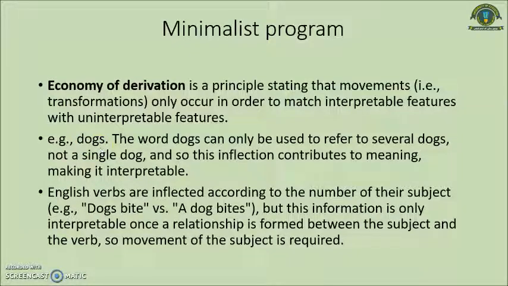So the entire structure is minimized. So this is what we are referring to right now. Imagine if in English, in order to form plural structures, we had dog plus dog is equal to many dogs, and in each and every sentence that's how we would be repeating things. Things would be very difficult and tough.